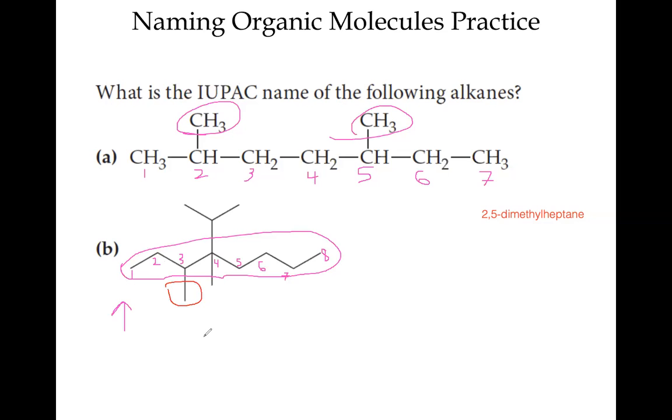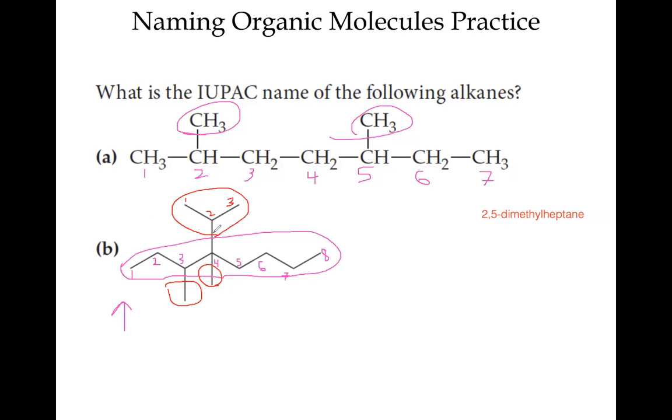So that must be a methyl group. One line here. So that's a methyl group. And then this right here. Oh, that is not a methyl group. That is a 1, 2, 3. A 3-carbon alkyl, which is propyl.